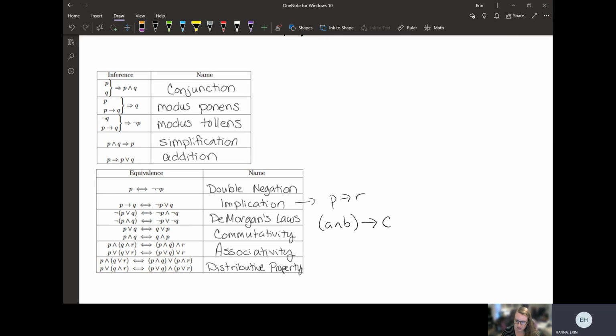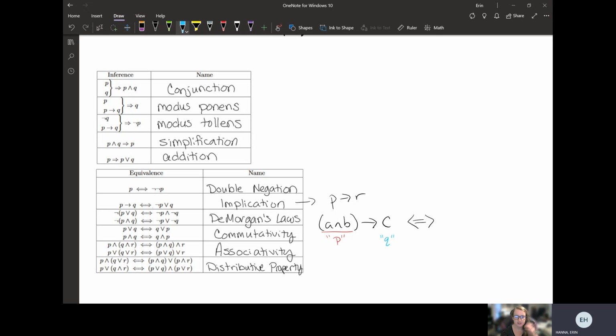So for instance, if I wanted to use the implication rule on this, essentially this first entire piece, A and B, acts as the P in the rule, and the C acts as the Q value.